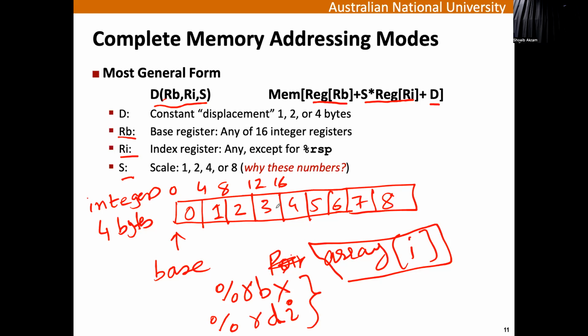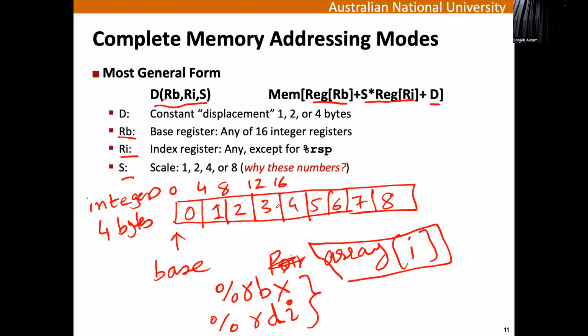Char, character. Word is 16 bits. Int is 4 bytes, and a long is 8 bytes. So these are the typical data types that we encounter. And there is support for that at the ISA level.